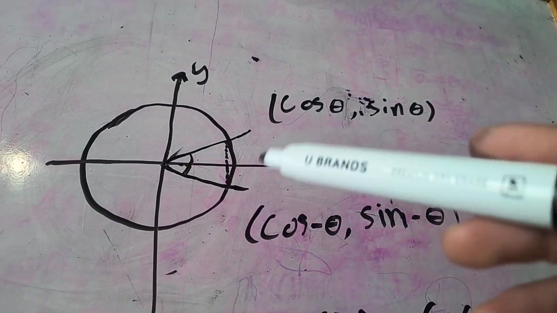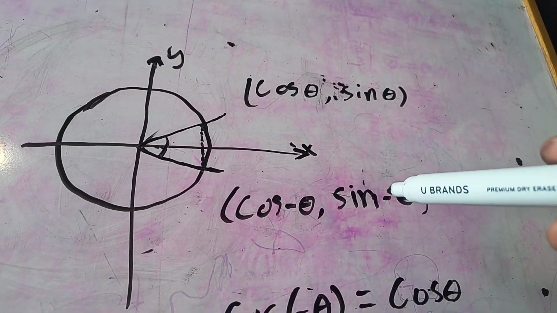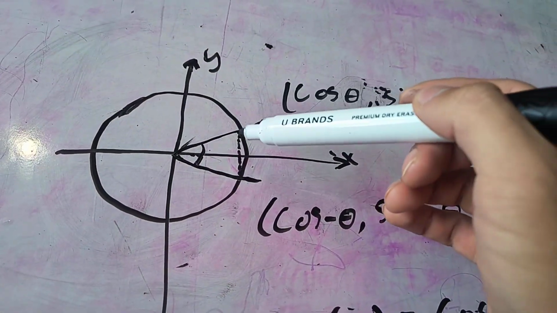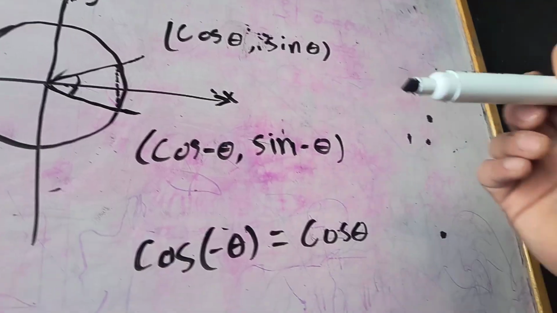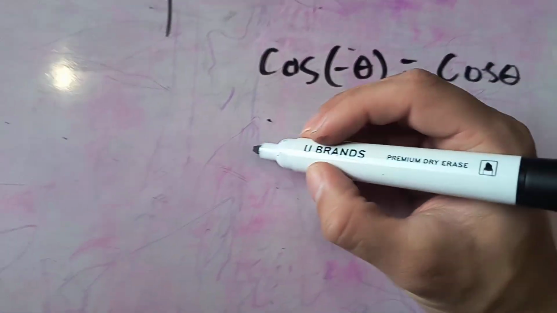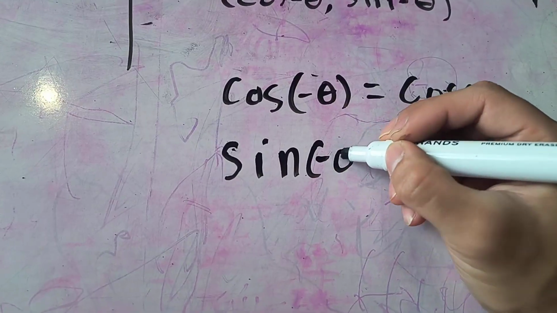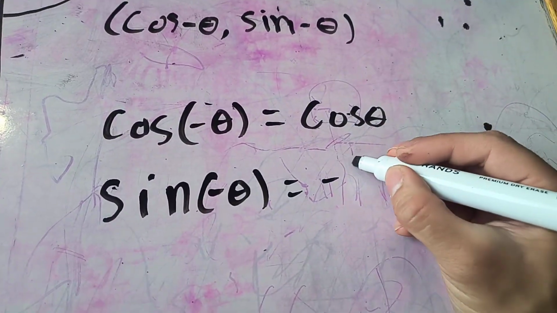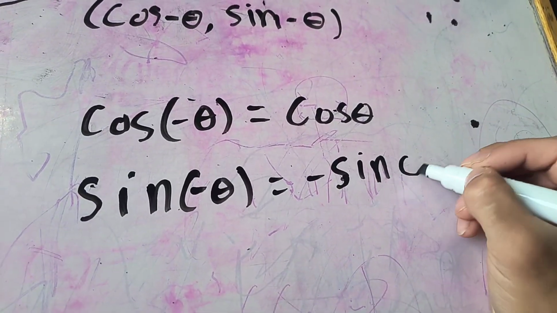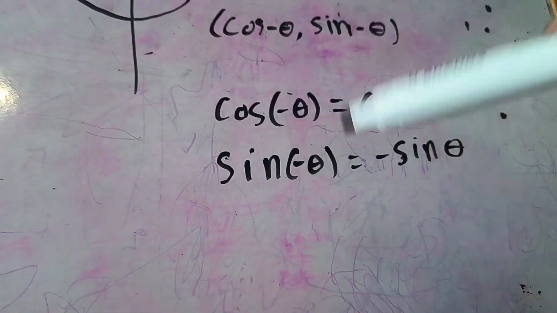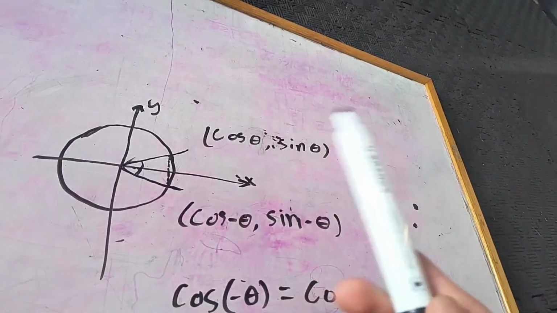And the sines are going to be the negatives of each other. If this was 5, then this is going to be negative 5, which means the sine of negative theta is equal to negative sine theta.